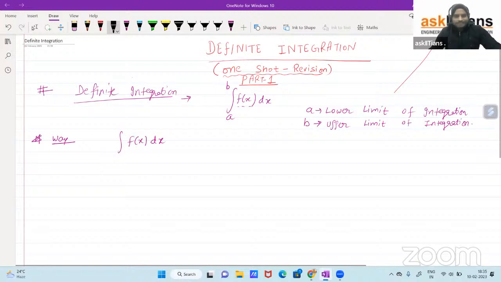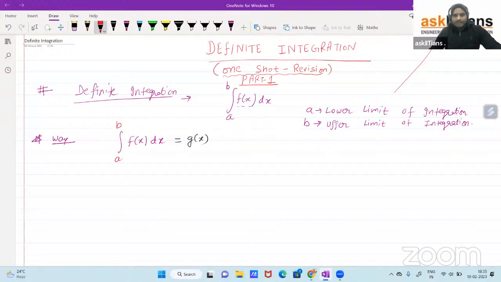And if limits are put over here, then it would mean limits are on g of x also, and that will be equal to: you have to substitute this b in the g of x function. You will be calculating g of b minus, then you have to substitute this lower limit, so that will be g of a. So basically the definite integration of f of x from a to b will be g of b minus g of a.